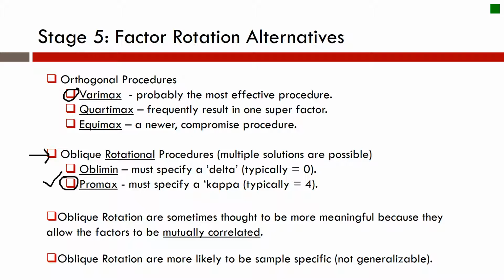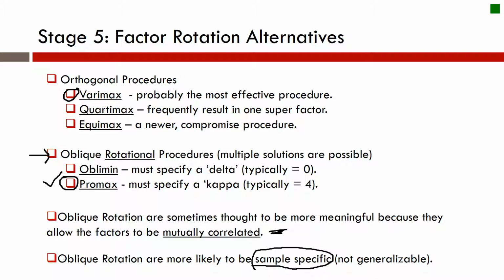Oblique rotations are sometimes thought to be more meaningful because they allow for factors that are mutually correlated. The challenge with that is that sometimes the solution returned in an oblique rotation may be more sensitive to specific features of your sample.